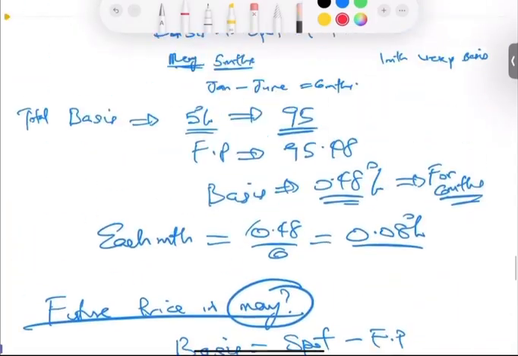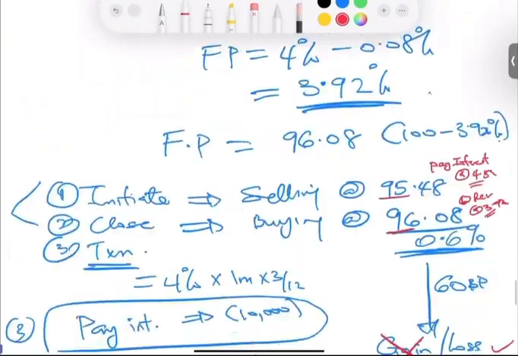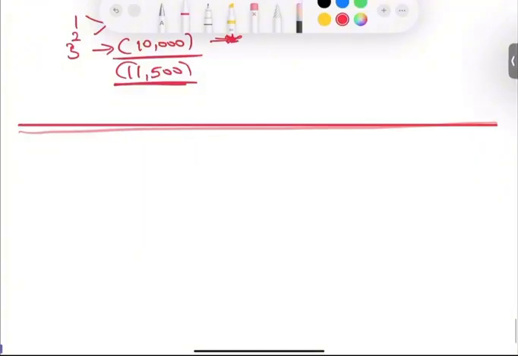So we've done it the normal old way. That's section A. But section B, look at B. We should use our lock-in rate, the way we normally do it in a quicker way. Which is what we want to look at now.